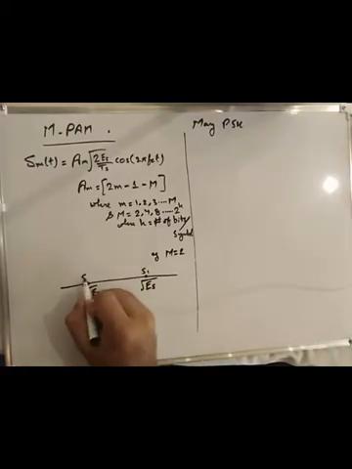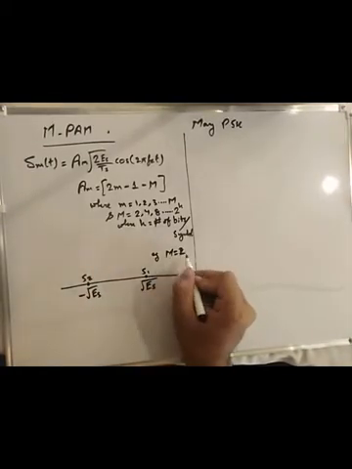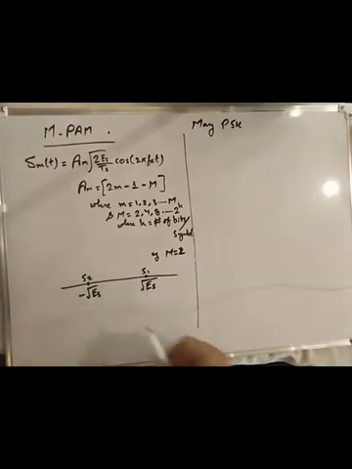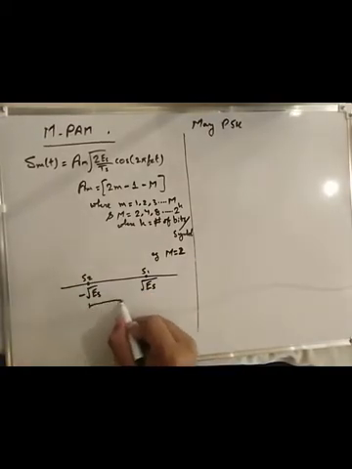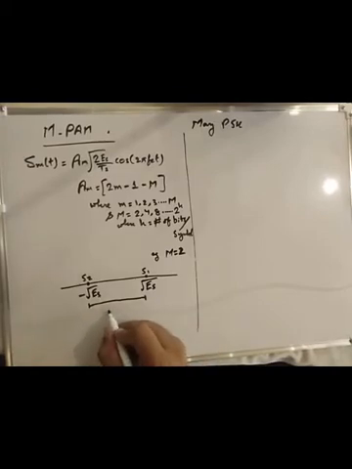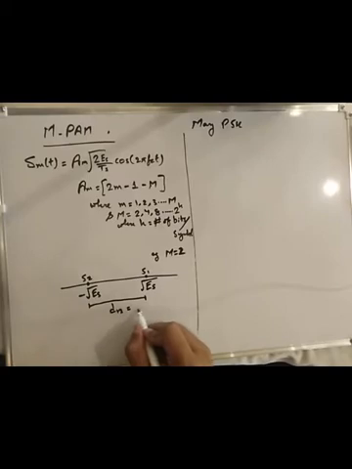So assume capital M is equal to 2, then you will end up getting this constellation diagram, and the Euclidean distance between them, d12, will come out to be 2 times under root Es, right?